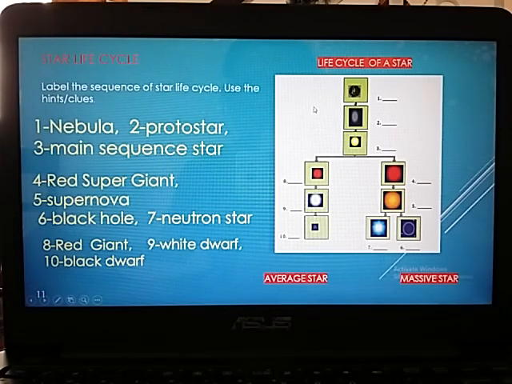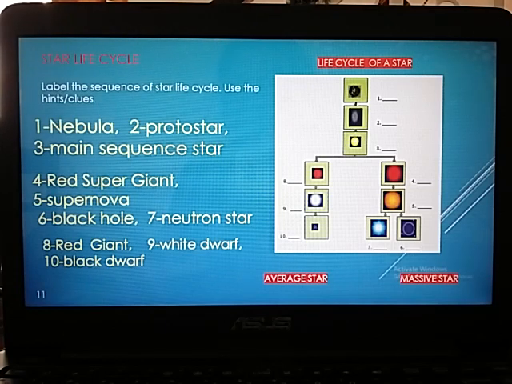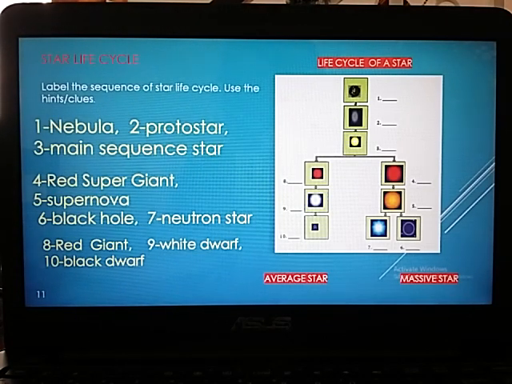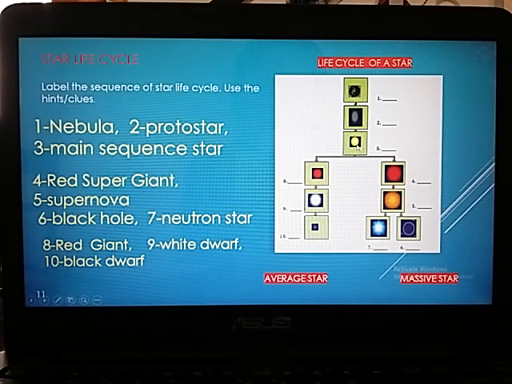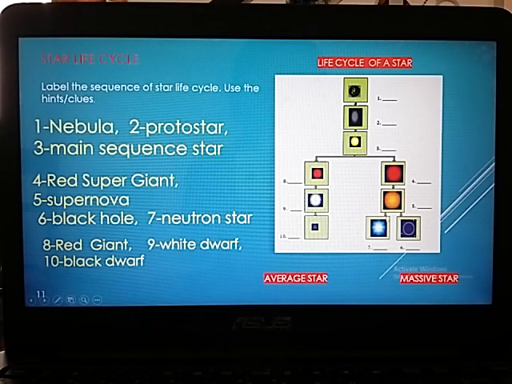So, sige nga, sagutan na natin to. This is your activity. In your module, meron dong mga clue. So, kailangan basahin lang yung clue para masagutan ang activity nito. So, according to the clue, it all started, paano ba nagkaroon ng star? So, actually, from number 3 from number 2 downwards are already stars.